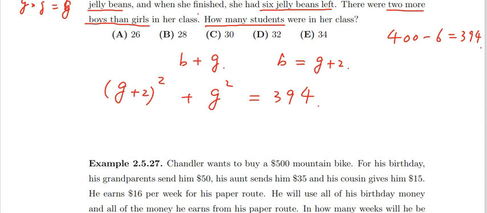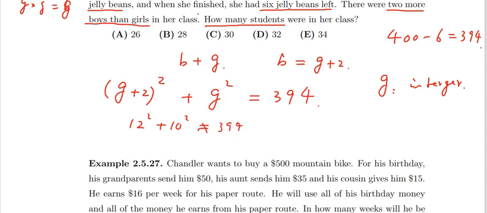Here we can say g is an integer, so we can guess what g can be. Let's check if g is 10: 12 squared plus 10 squared can be 394. We find that this is not 394.